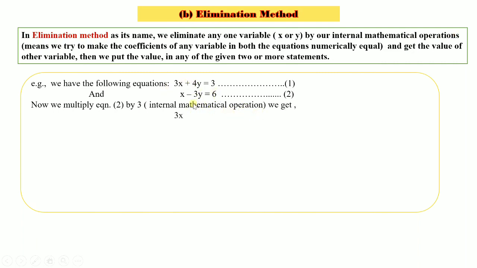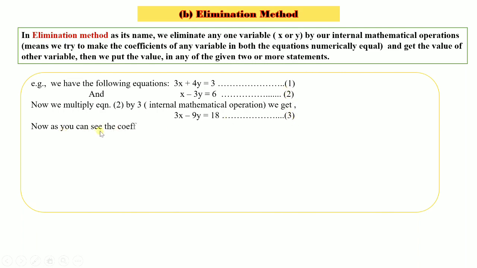What we do, we have multiplied this equation by 3. So 3x minus 9y equals 18. Now 2 has become 3. Now our target is equations number 1 and 3, because from 2 we got this 3.